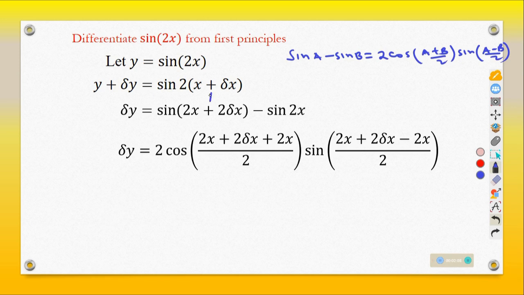For our case, this will act as our A, and this will act as our B. Using a similar expression, we shall be able to have delta y as this.